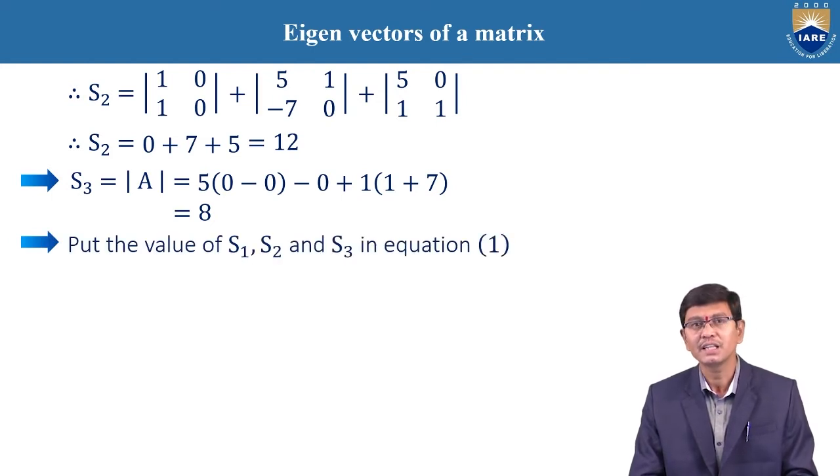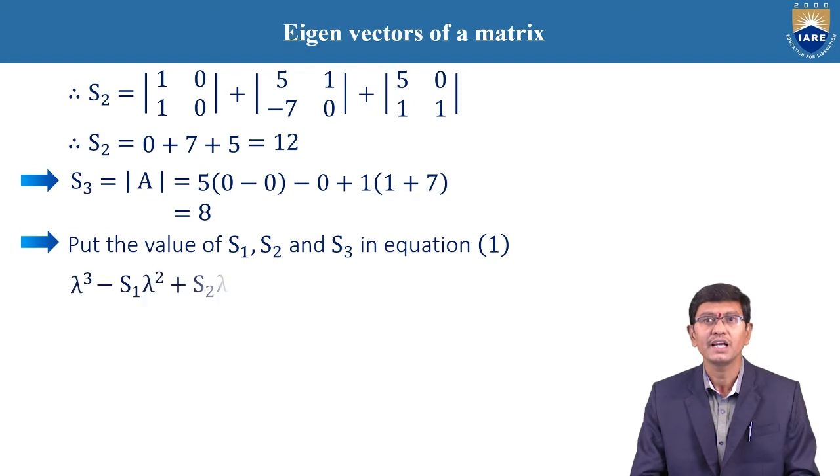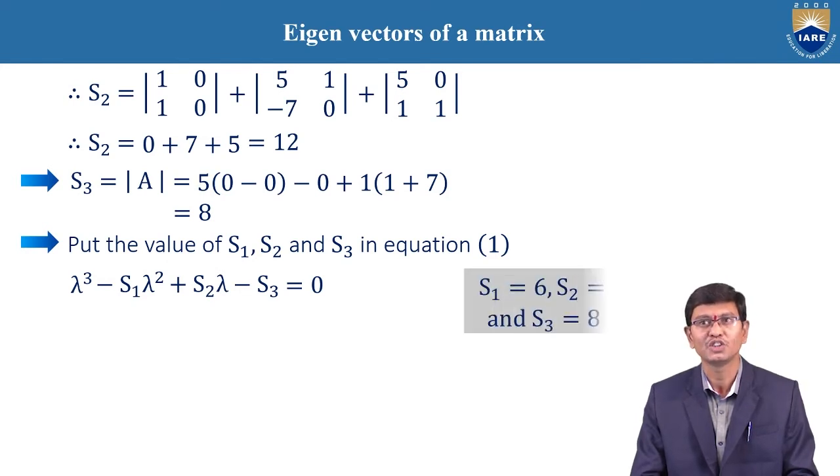After getting S1, S2 and S3, we need to replace them in equation 1, which we treat as the characteristic equation: lambda cube minus S1 lambda square plus S2 lambda minus S3 is equal to 0.